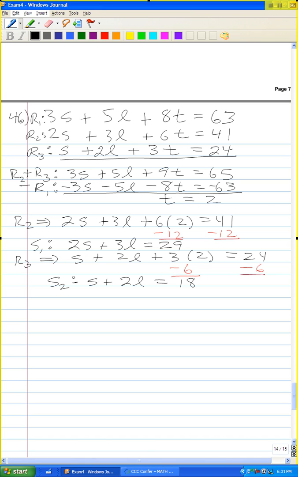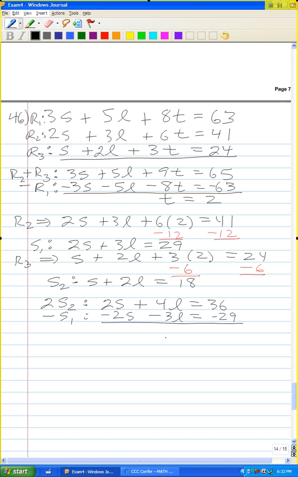So why don't I do the following? Let me multiply S2 by 2. So I get 2S plus 4L equals 36. And then I'll do minus S1: minus 2S minus 3L minus 29.